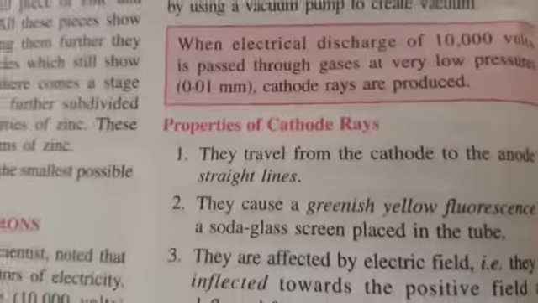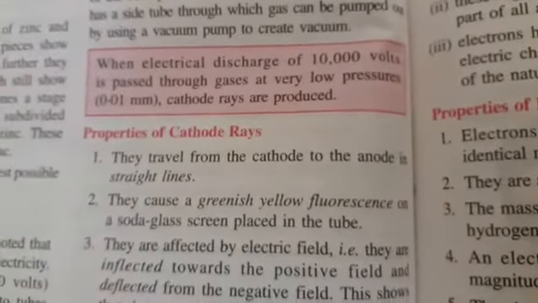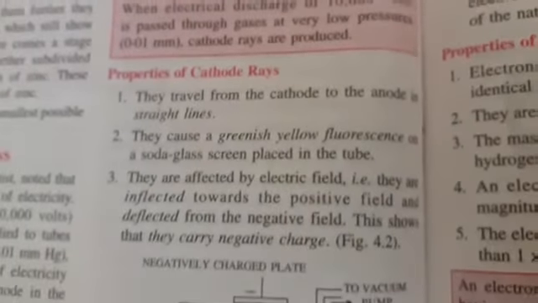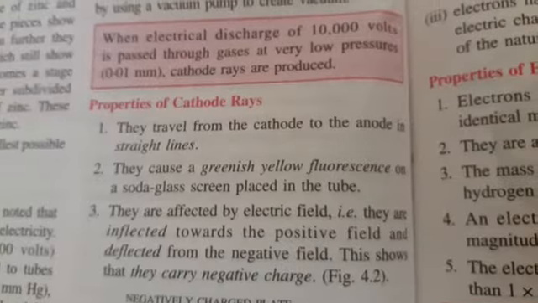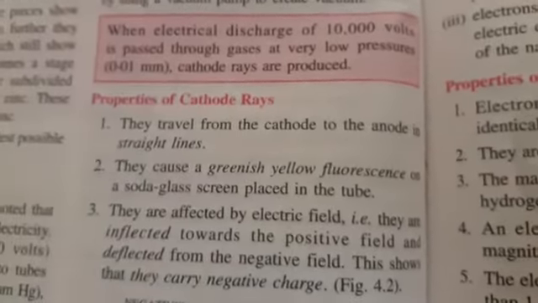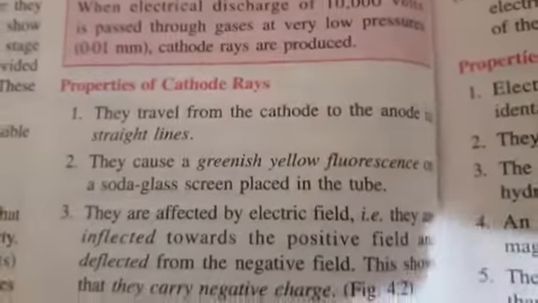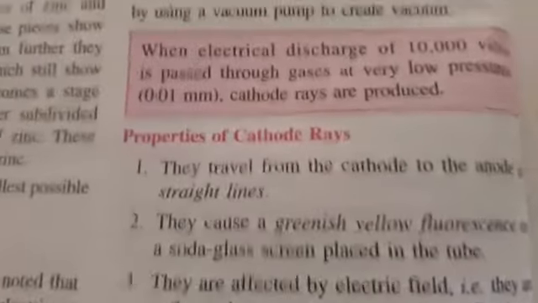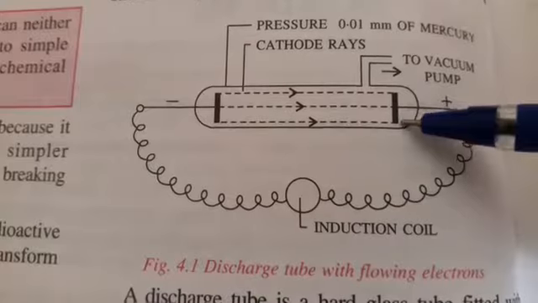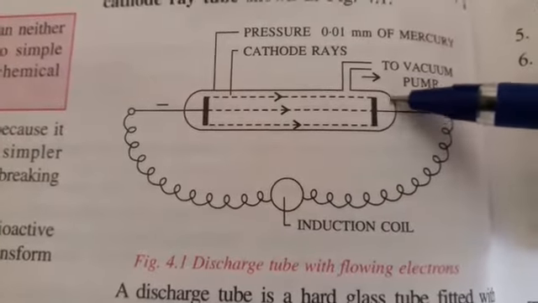Okay, now let us see the properties of cathode rays. They travel from cathode to anode in straight lines. They cause a greenish yellow fluorescence on a soda glass screen placed in the tube. So let us see. If we paint this side with the soda glass screen, it is a sort of chemical.